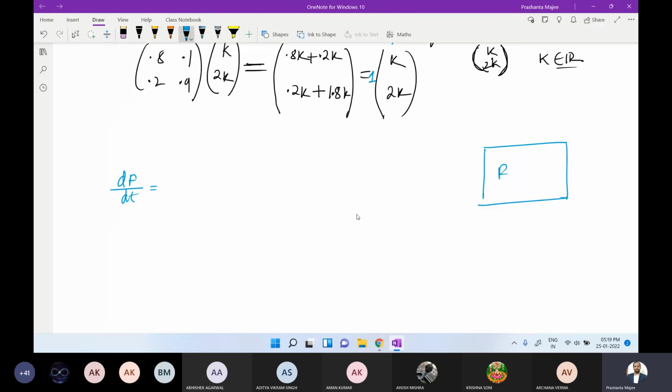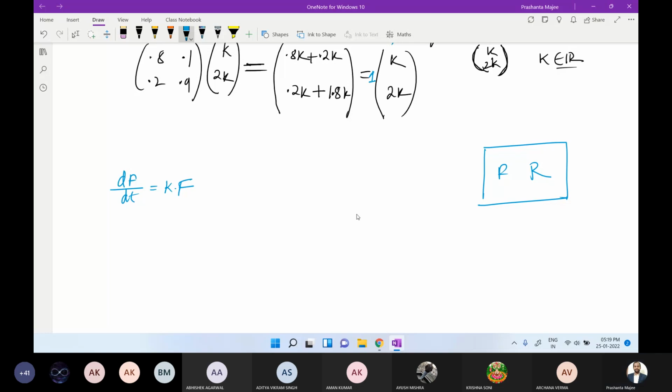The foxes will be dying due to natural causes, they will not be eaten by rabbits. So their change will only depend on themselves. So df by dt will be proportional to the number of foxes present at that moment. So df by dt will be k times f.